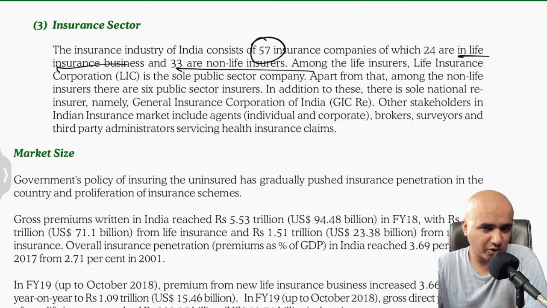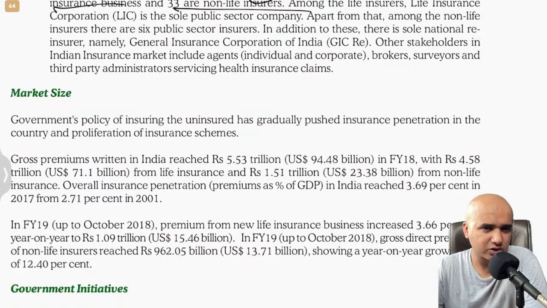Now it's only one out of 24 life insurance companies in the entire country. Apart from that, among the non-life insurers, there are 6 public sector insurers. Apart from that, everything else is private, like New India Assurance. Then there are various other companies which are owned by government who are into non-life. Like if you want to get your vehicle insured, you usually approach such insurers.